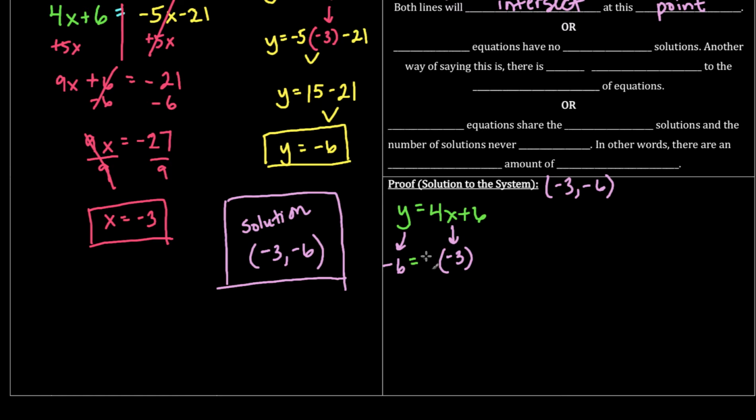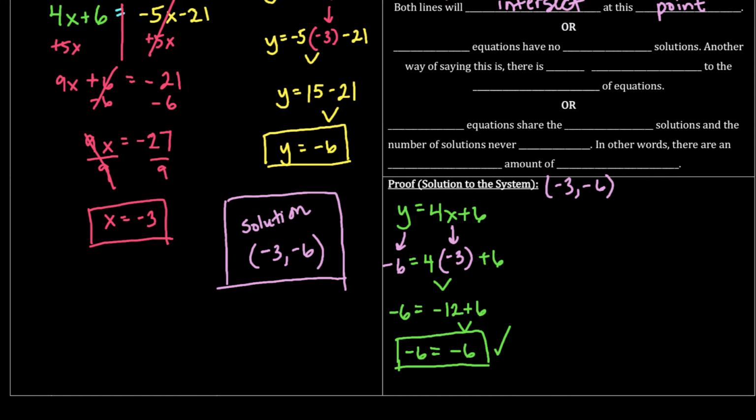So negative 6 equals 4 times negative 3 plus 6. A positive times a negative is a negative, and negative 12 plus 6 is negative 6. So it works for that first equation.